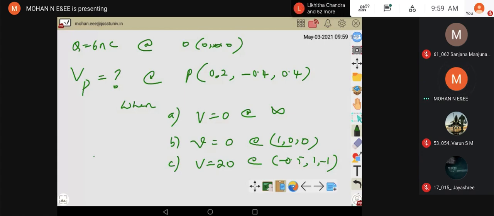Okay, so what is given here? A point charge of Q equal to 6 nanocoulomb is located at origin, and it is generating the electric field. Due to that electric field, there will be some potentials, and you are required to find the potential at point P under three cases.